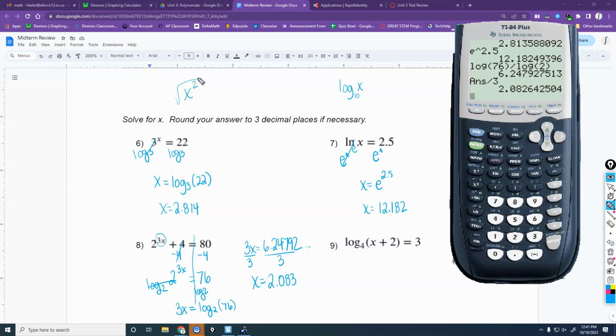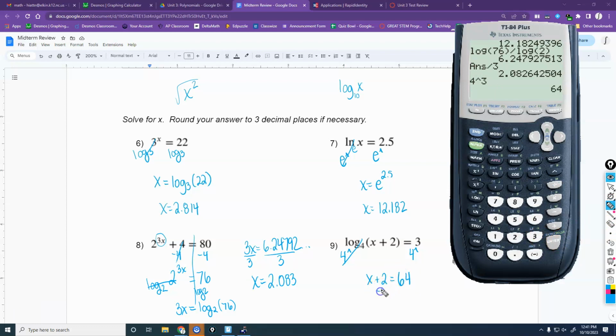Okay, number 9. I've got a log with a base of 4. How do I get rid of a log of a base of 4? 4 raised to the power on both sides. So I will get x plus 2 equals 4 to the 3rd, which is 16 times 4 is, let's just do that, 4 to the 3rd is going to give us 64.